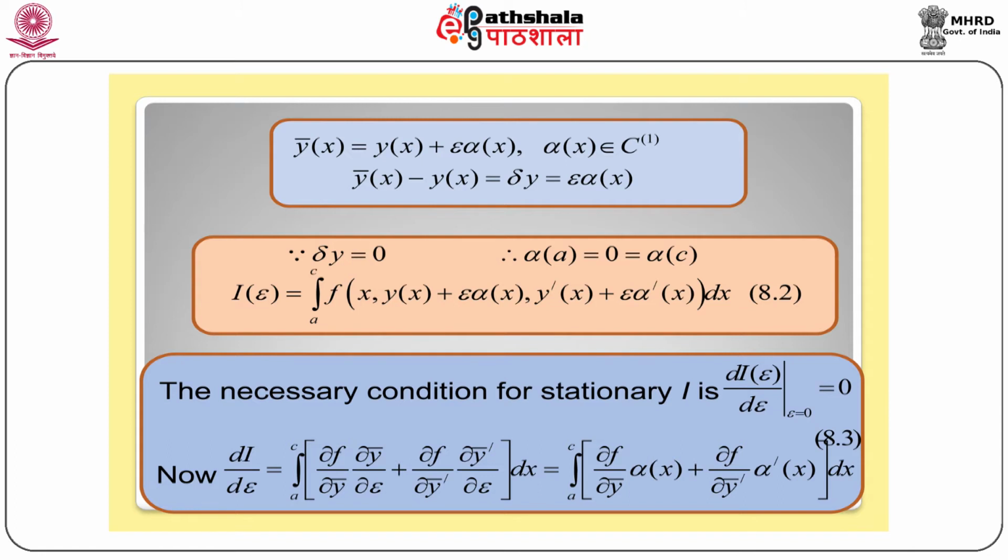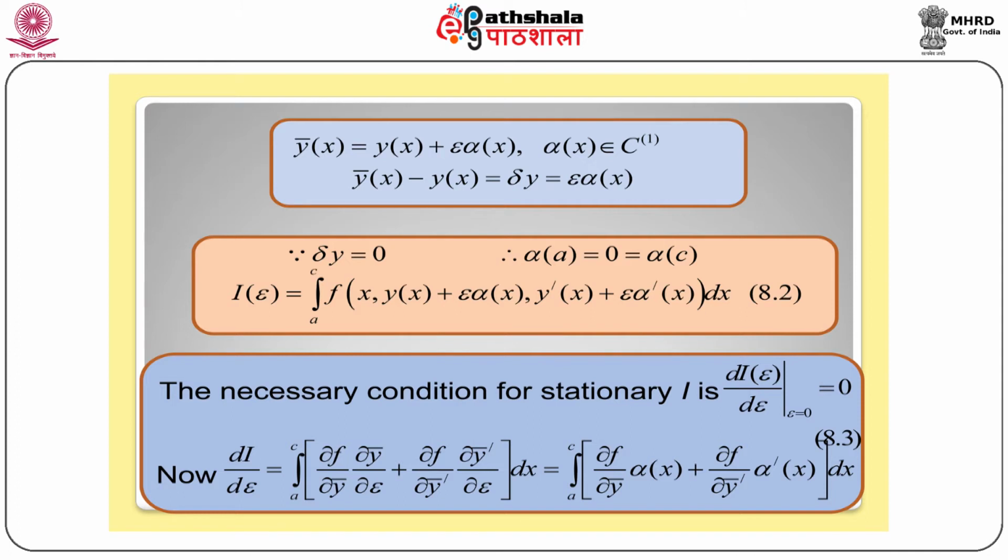For this value of epsilon, the integral I becomes stationary. We know this from the result of maxima and minima. The necessary condition for which is d/d epsilon of capital I, taken at the point epsilon equal to 0, gives 0.